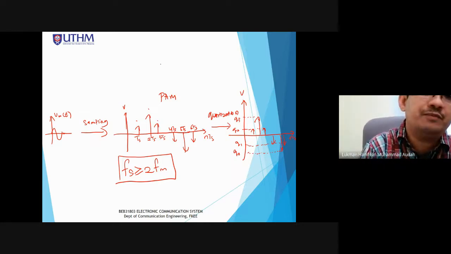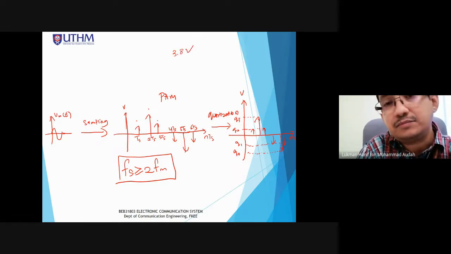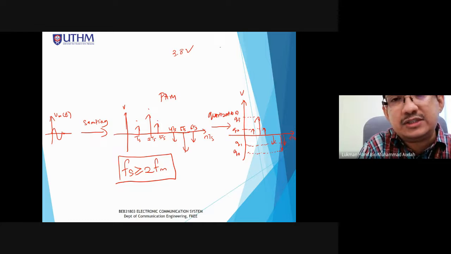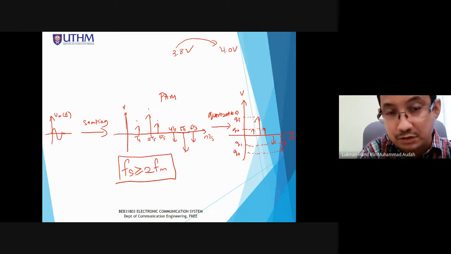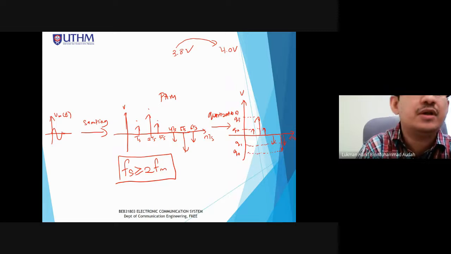Contoh. Kalau saya punya sampel adalah 3.8 volt and the nearest quantized level is 4 volt, so I need to round this value up to 4 volt. Okay.